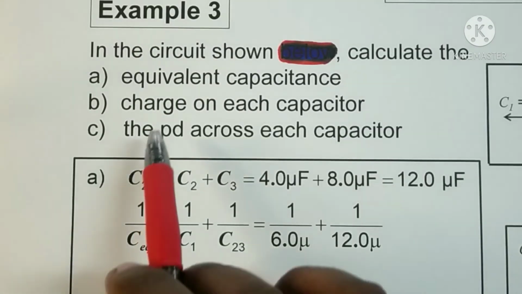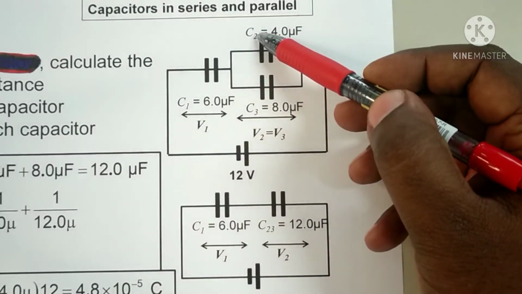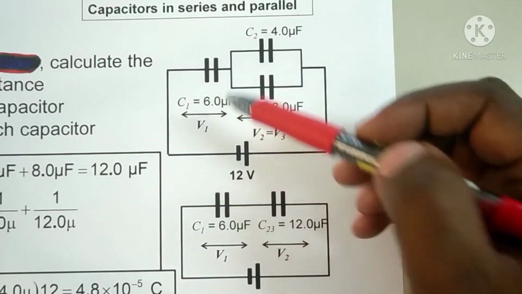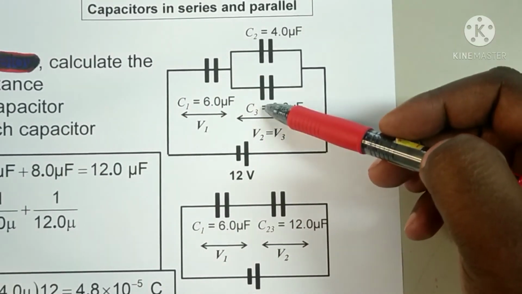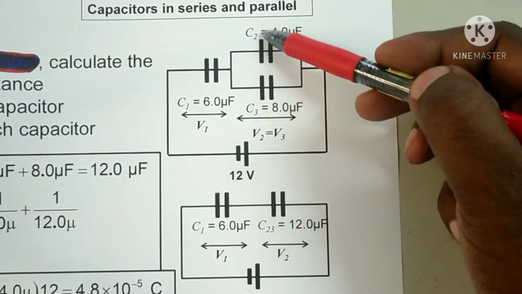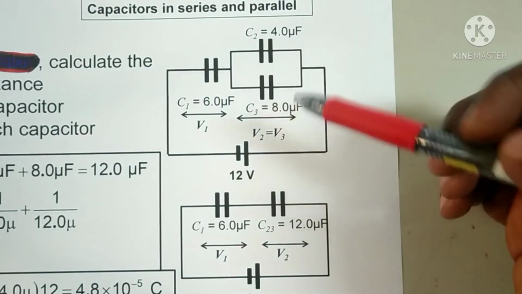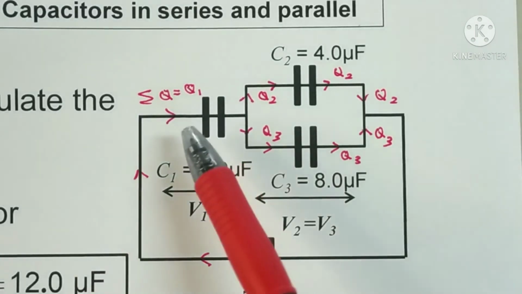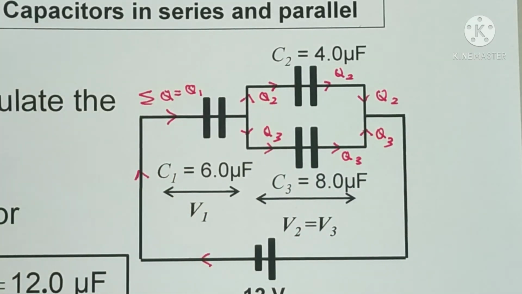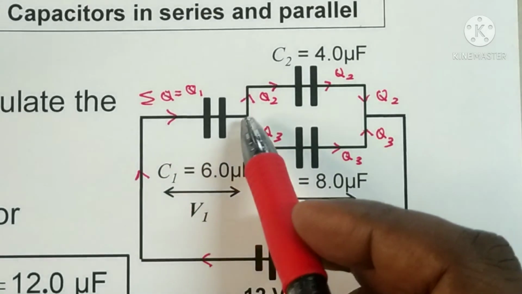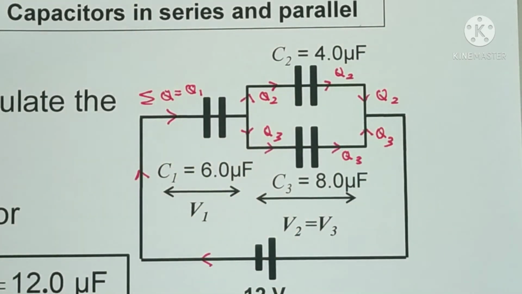For section B, the charge on each capacitor. A junction exists between C2 and C3. You can see one junction here. So C2 and C3 are in parallel, where these two capacitors have different amounts of charge. Capacitor C1 will carry the total amount of charge, which is Q1. It splits here into Q2 and Q3.